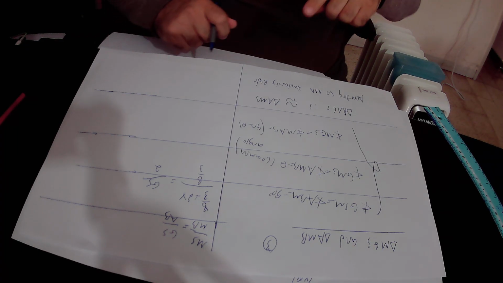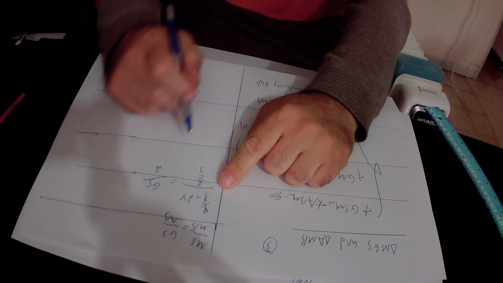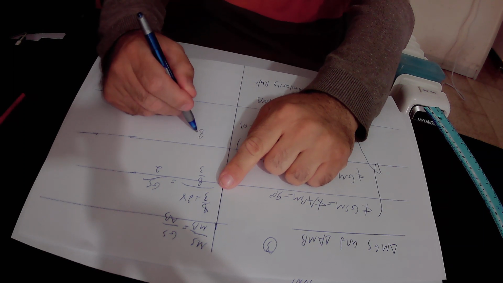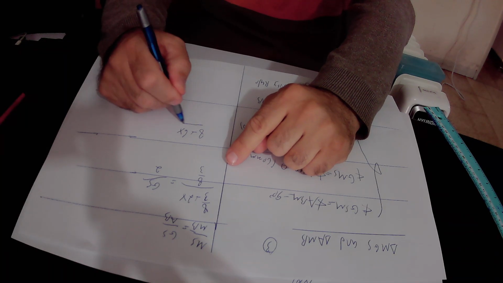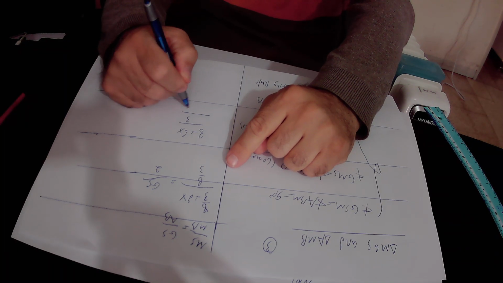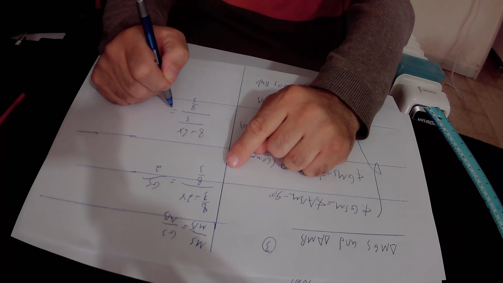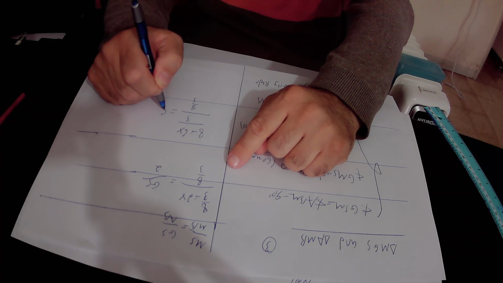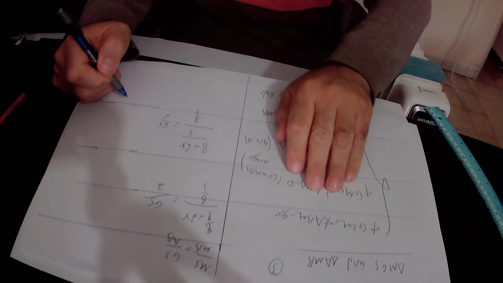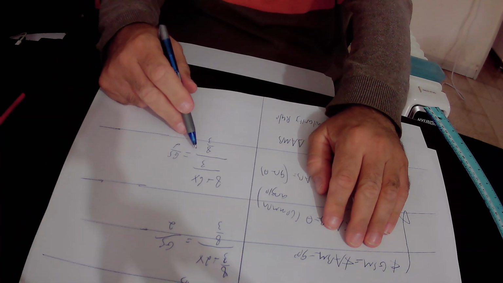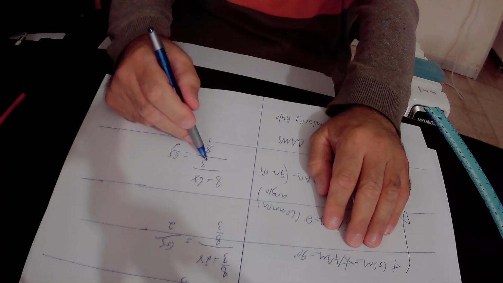So in the numerator of this side of the equation we have 8 plus 2x times 3, which is 6x, over 3, over 8 over 3, is equal to GS over 2. So here we have 3 in the numerator and 3 in the denominator, so 3 will get cancelled.